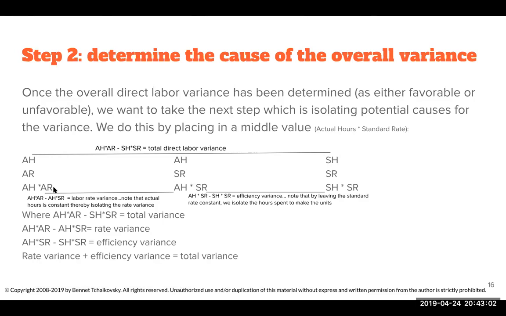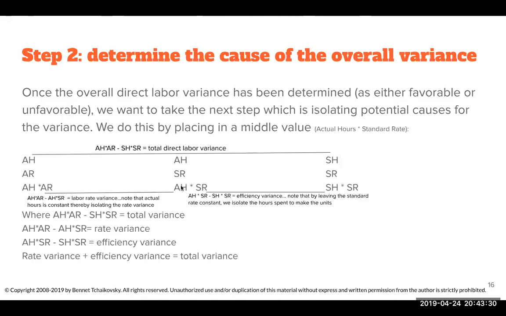Over here, I'm leaving the hours constant and focusing on the labor rate per hour we're paying, so this is my rate variance. In materials we call it price, and in labor we call it a rate variance. On the other side, I'm keeping my rate constant and focusing on the hours.